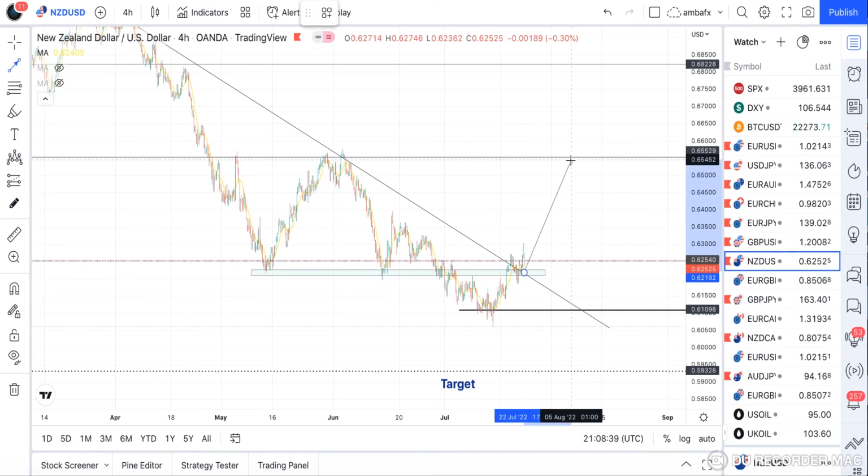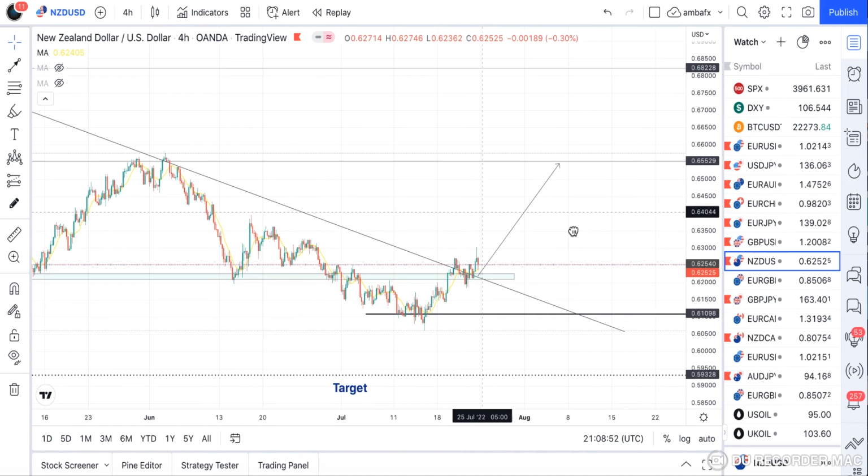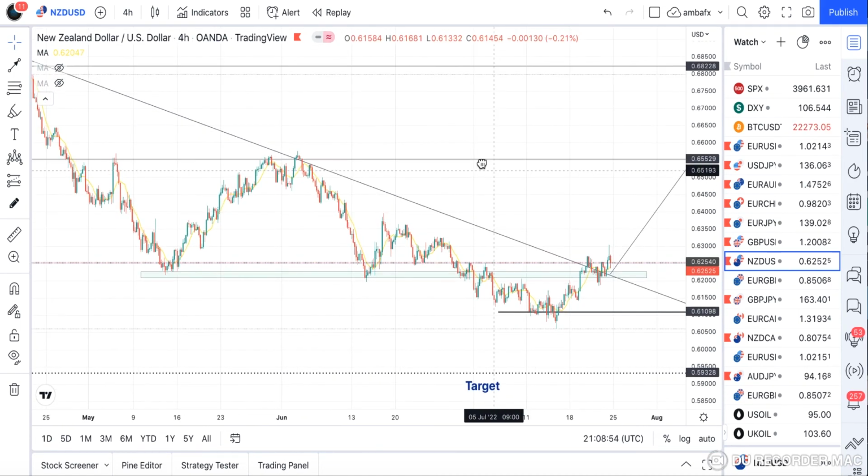Hope you understand. We can see the upward movement to this level because we have a breaking of this particular support that turns resistance back.